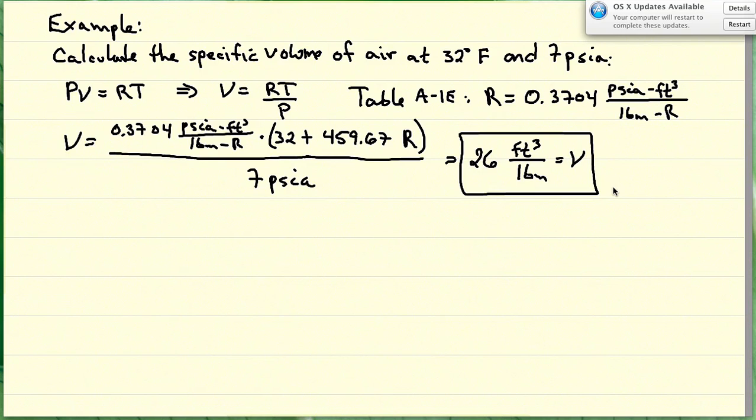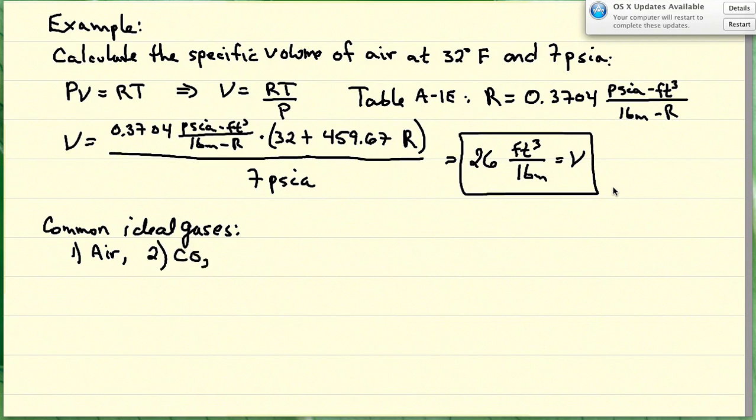So these are basically the following. Common ideal gases that we'll use are, first of all, air. If you see air, assume it's an ideal gas.